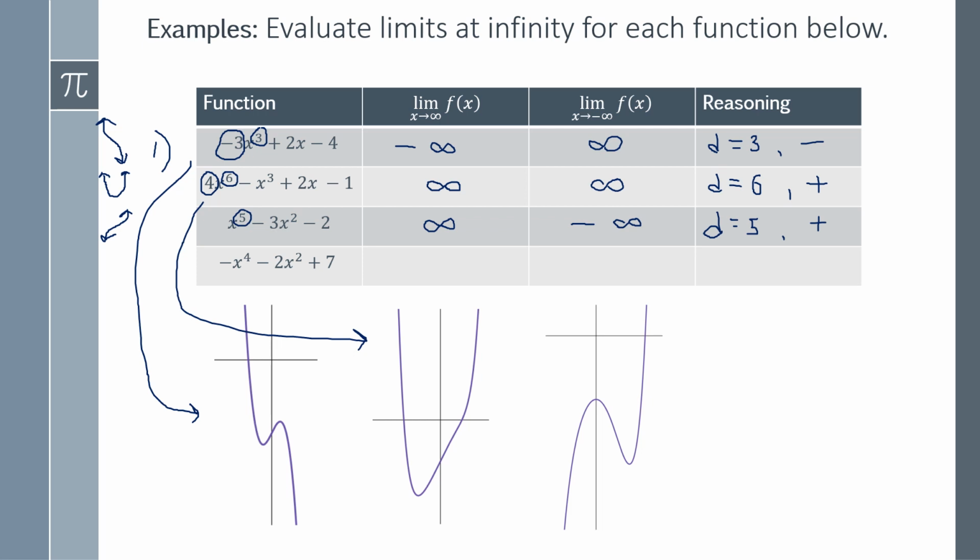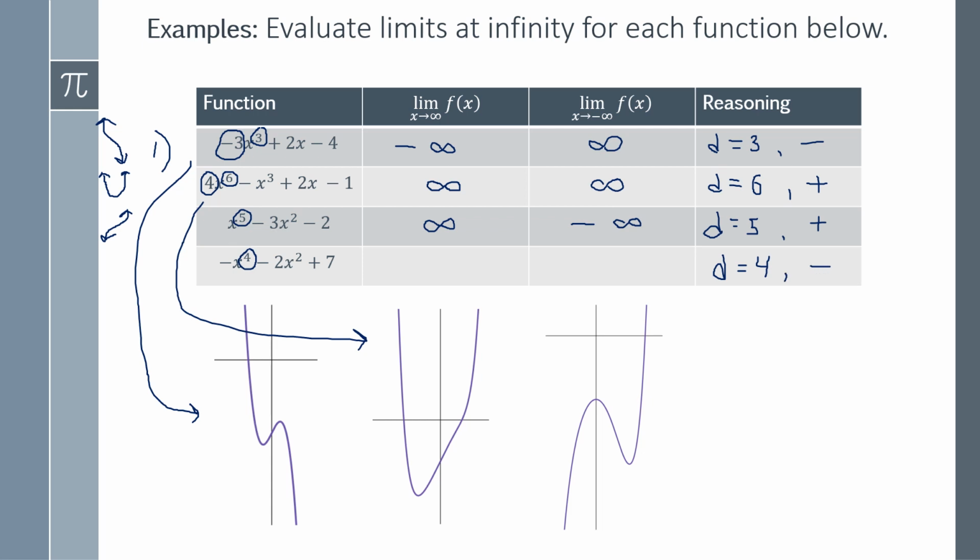One more. We have negative x to the fourth minus 2x squared plus 7. What do we have here? The degree is 4. So that's even. And the leading coefficient is negative 1. So that's negative.